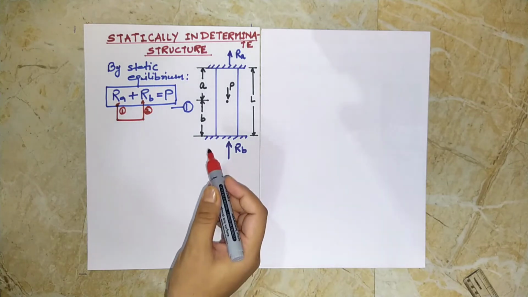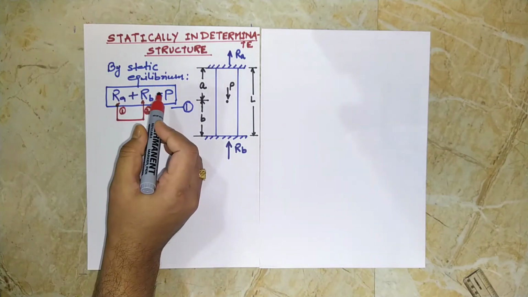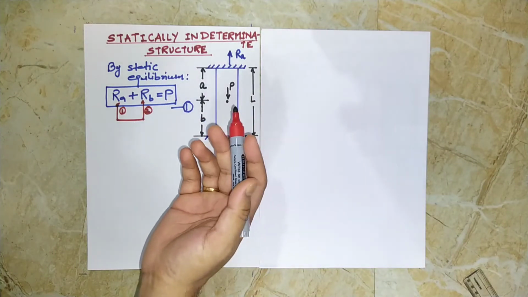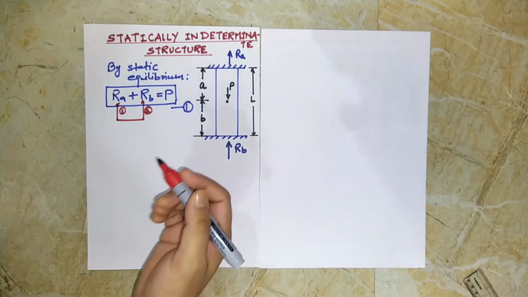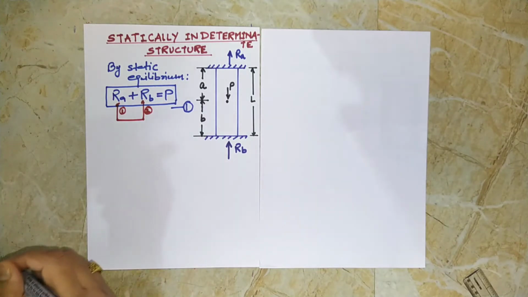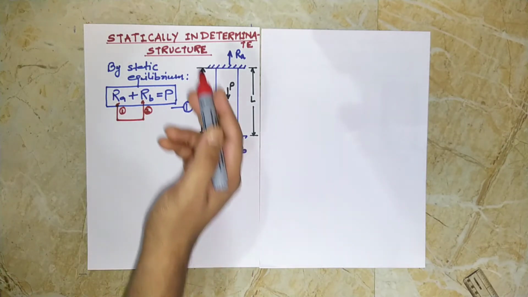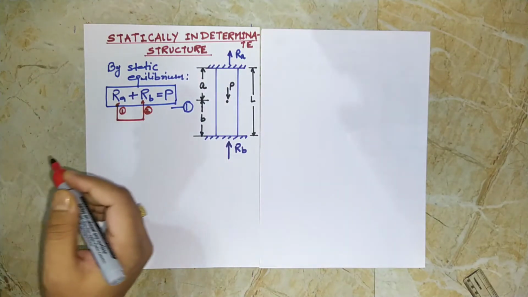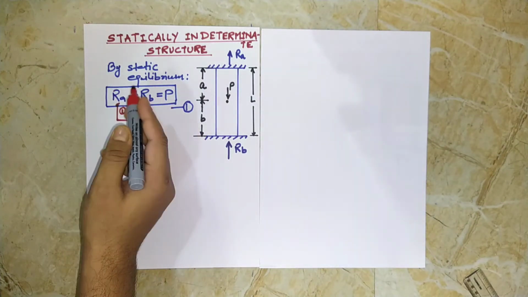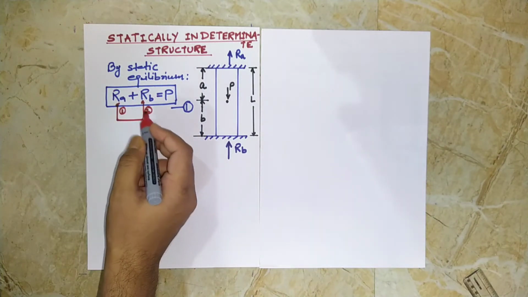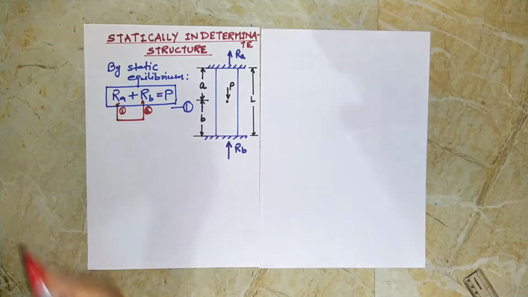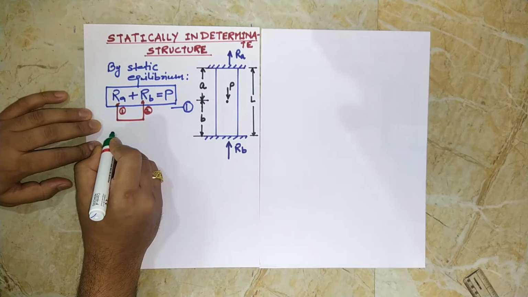For these conditions, wherein the equation of static equilibrium doesn't help us find all the reactions, we need a compatibility equation. These structures are called statically indeterminate because by using the static equilibrium condition, we are not able to find all the support reactions. So let us find the compatibility equation.